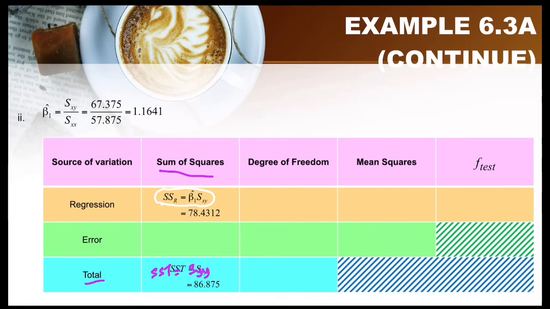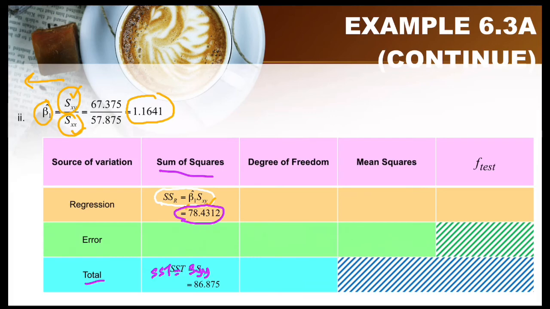So you need to find beta 1 first. Beta 1 is equal to SXY divided by SXX. That's why in the previous slide we have to find SXY and SXX. So you will get this beta 1. So beta 1 times SXY, you will get the SSR.